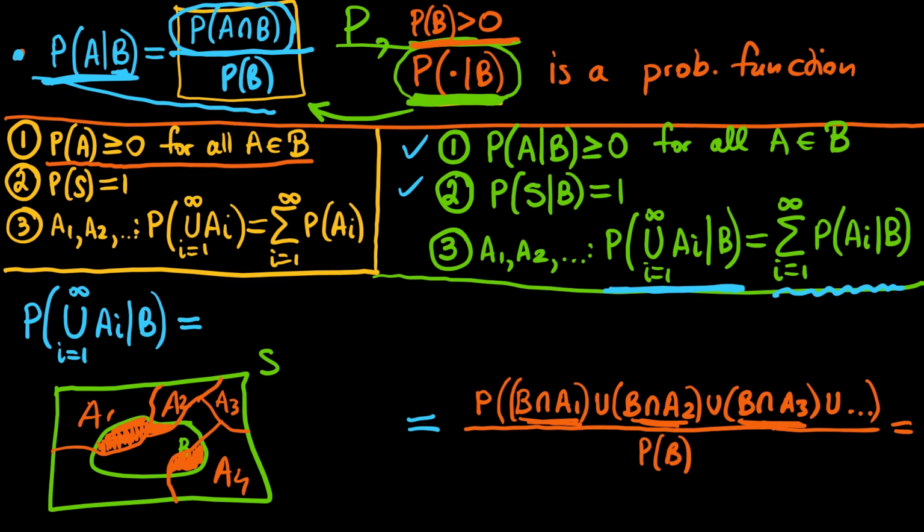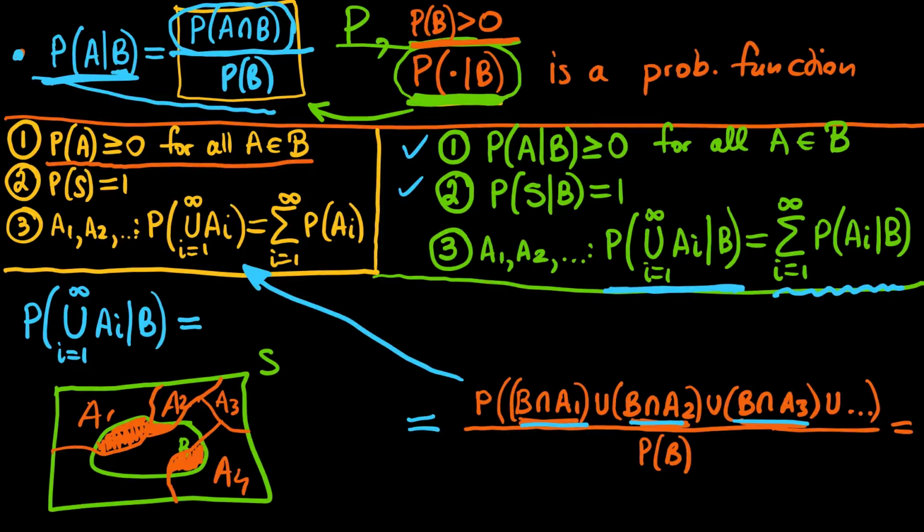So the point is that all these sets, B intersection with Ai, are pairwise disjoint. No two of them have any elements in common. Therefore, what we have here is the infinite union of disjoint sets. And that's exactly where axiom 3 applies, right?